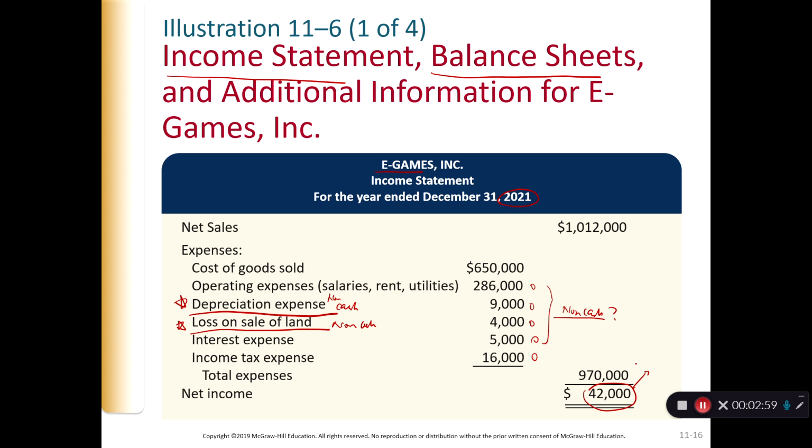But if I want to translate this number back to a cash basis, I'll just ask you the question now, and I will give you an answer later. So if we want to transfer back to a cash basis, should we add back the depreciation expenses and also add back the loss on the sale of the land, right? Okay, yes or no, we will figure out later. Just giving you a hint.